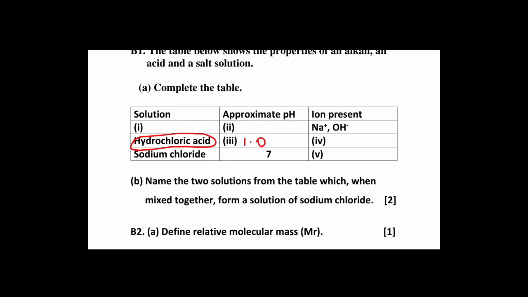And in every acid, we have hydrogen ion as the only positively charged ion. In this case, we know that there must be H+, and we need also to have a chloride part, which is Cl minus, negative.